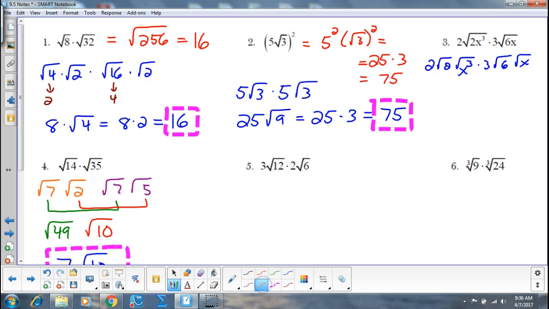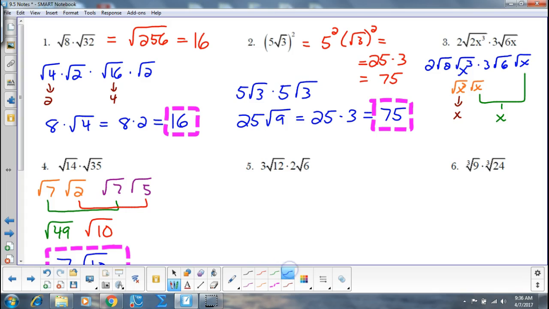So then that becomes the square root of x squared and the square root of x. With me? Okay, so then this becomes x, and these two become another x. Because the square root of x times the square root of x is the square root of x squared, which is x.